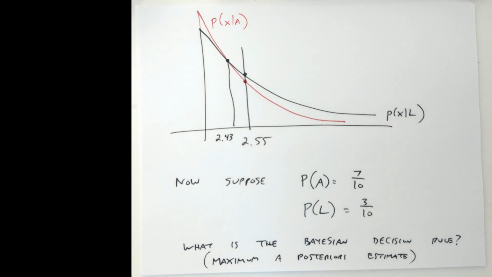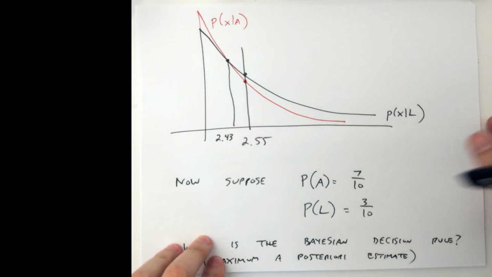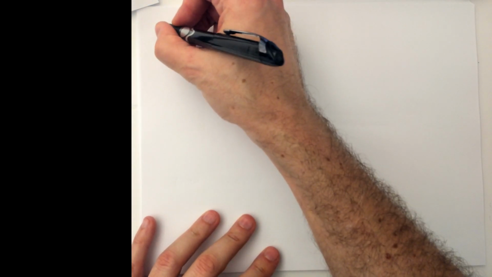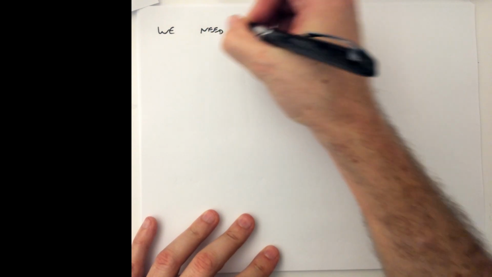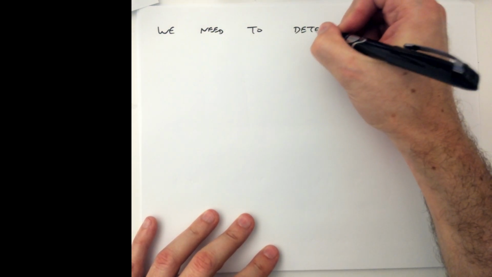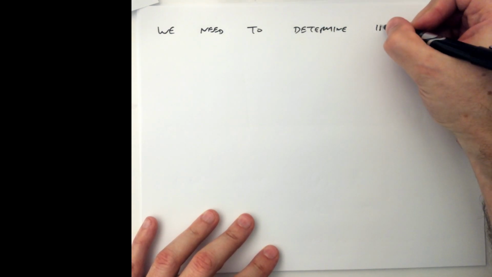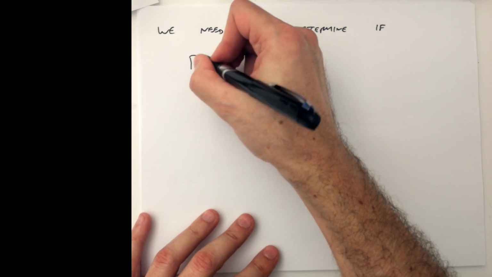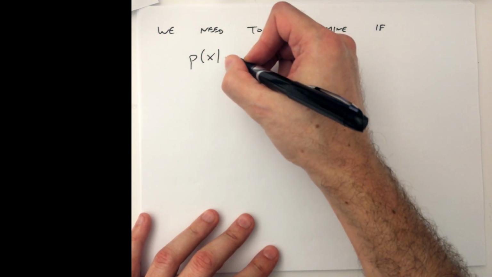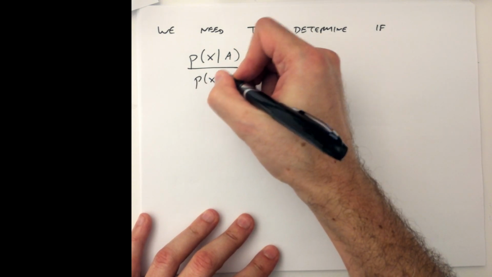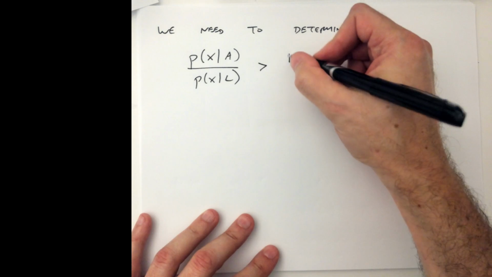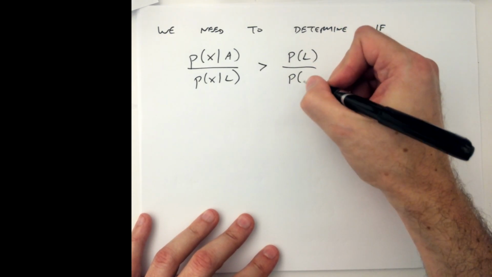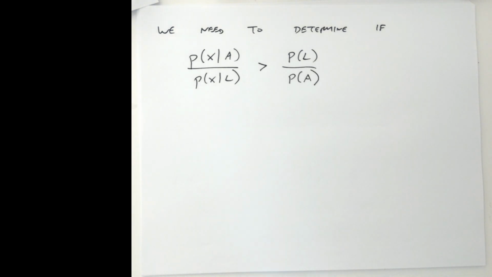So now, what would I do? Well, I would have to compare the likelihood ratio to a different number, right? Just to set the problem up, this would be like saying we would need to determine if the density under alpaca, like this, is greater than this number, okay?